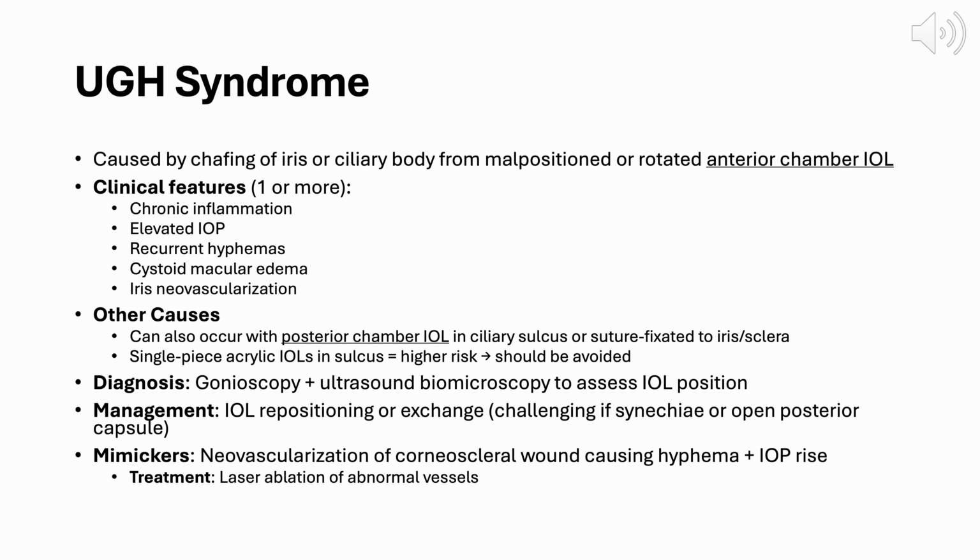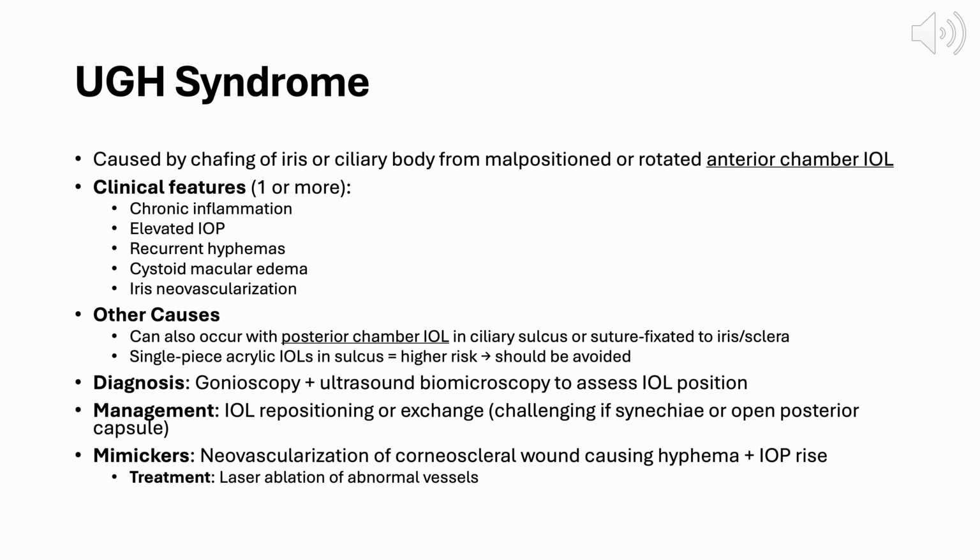Let's talk about UG syndrome. This stands for uveitis, glaucoma, hyphema. This condition develops when a malpositioned or rotated anterior chamber intraocular lens chafes against the iris or ciliary body. Clinically, patients may present with one or more key findings: chronic inflammation, elevated intraocular pressure, recurrent hyphemas, cystoid macular edema, or even iris neovascularization.